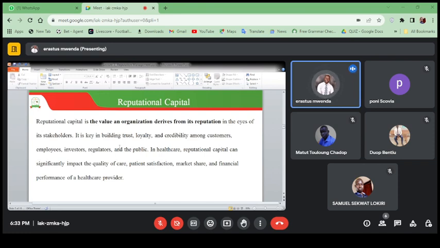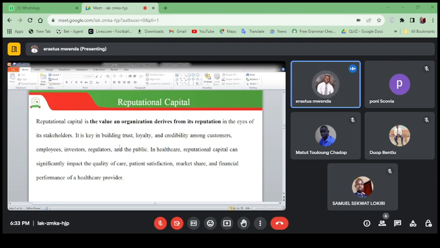Through this, you can build trust, loyalty, and credibility among customers, among employees. Customers in this context would also be patients, among investors, among regulators. We could talk about government being one of the regulators, and also the public. So the importance of reputation capital means that it cannot be ignored.